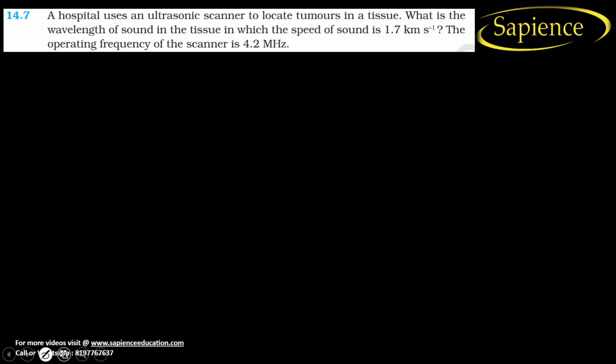Now let us go for question number 14.7. The question is, a hospital uses an ultrasonic scanner to locate a tumor in a tissue. What is the wavelength of the sound in the tissue in which the speed of the sound is 1.7 kilometer per second and operating frequency is 4.2 megahertz? So what they have given?